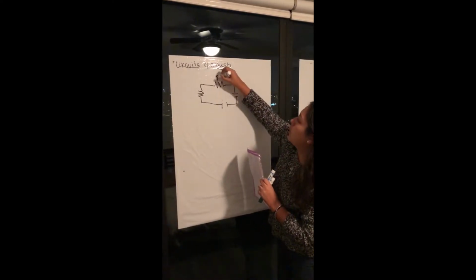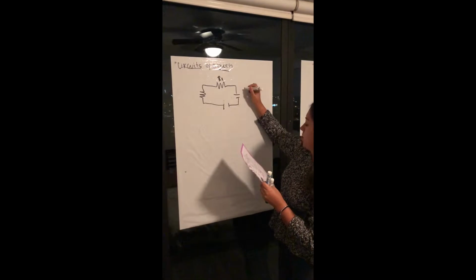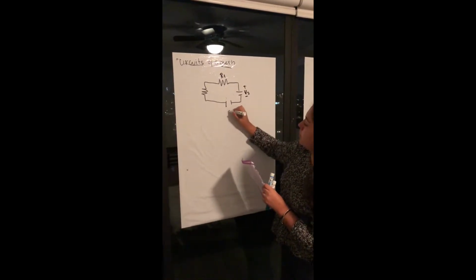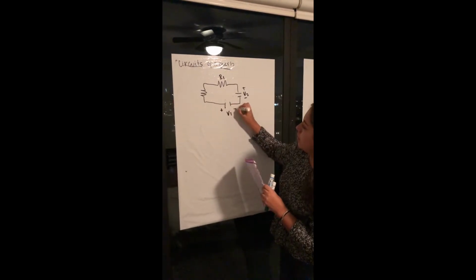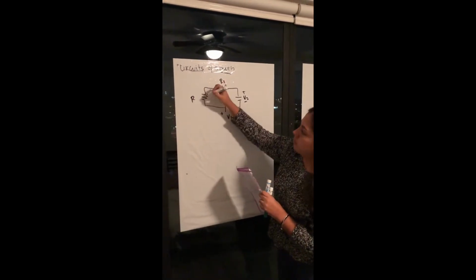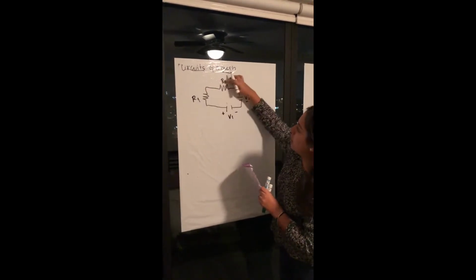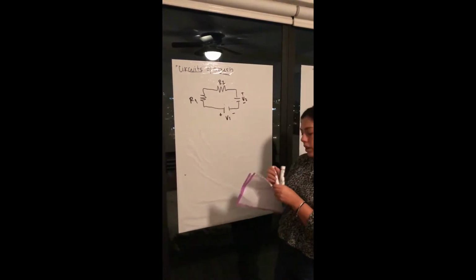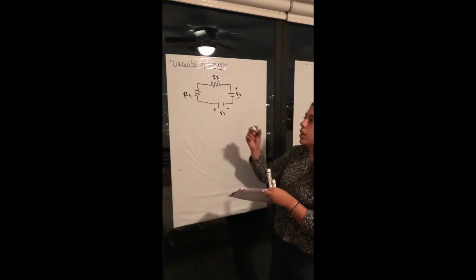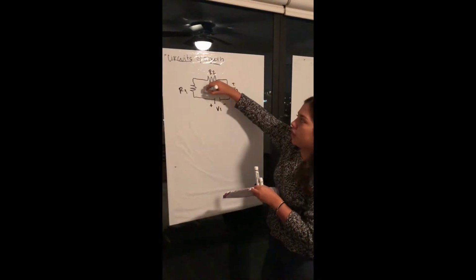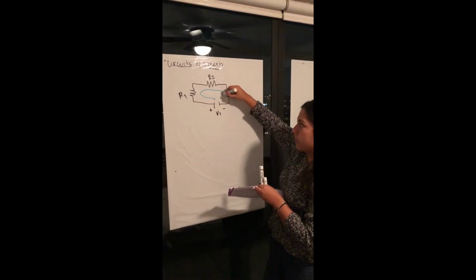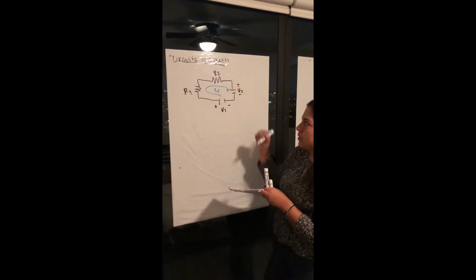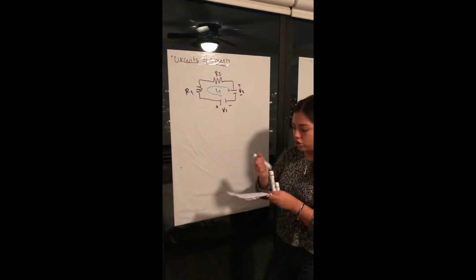So this one we would call R1, this would be B2, this would be B1, and this would be R2. Kirchhoff establishes that you have to follow this trajectory, and you can see that we only have one trajectory since we just have one mesh.